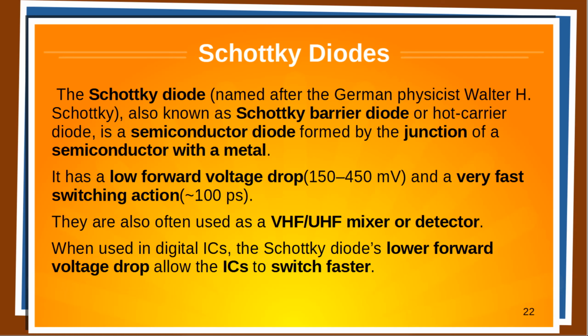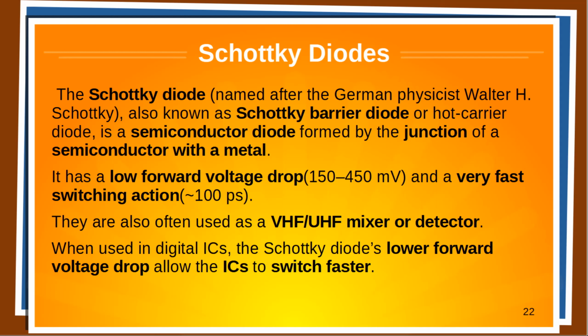Okay, we got Schottky diodes, named after Walter Schottky. They used to call them Schottky barrier diodes or hot carrier diodes. It's different in that it's a junction of a semiconductor material with metal, as opposed to a normal p-n junction. They have very low forward voltage drop, 0.15 to 0.45 volts.